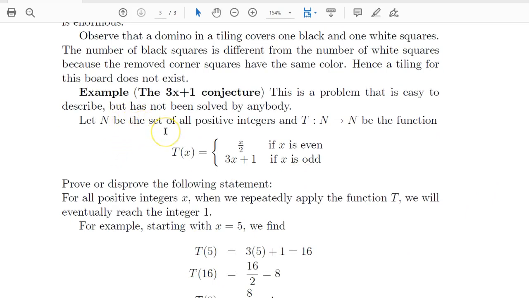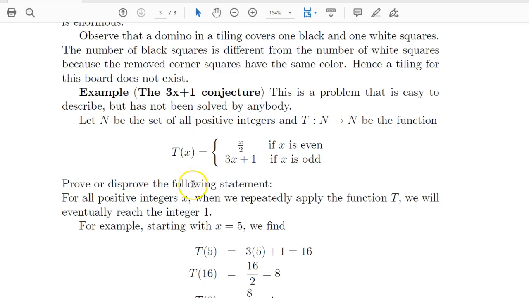Let N be the set of all positive integers and T be the function from N to N described here. T of x is x over 2 if x is even, and T of x is 3x plus 1 if x is odd.